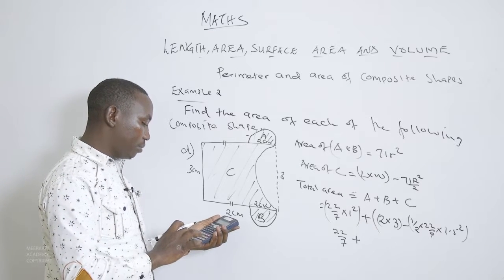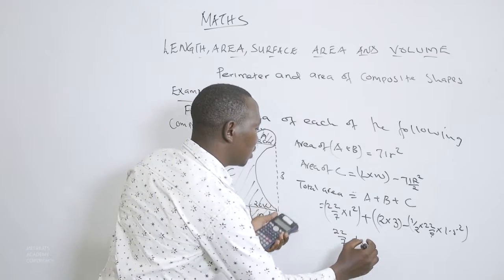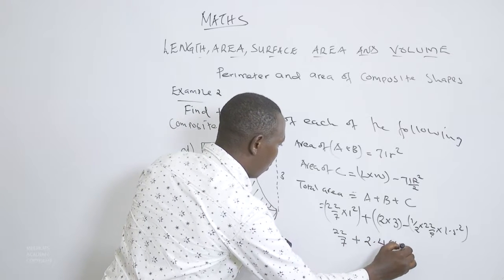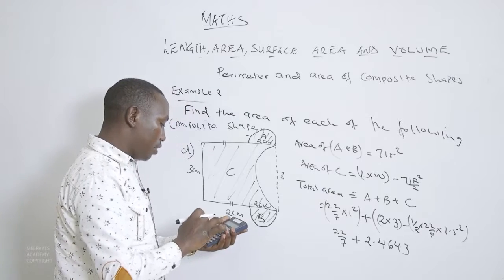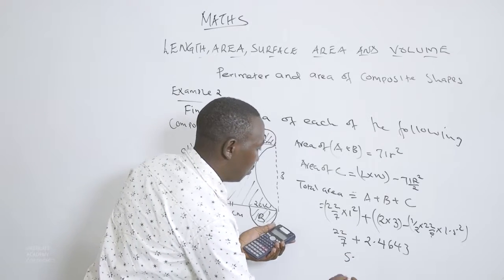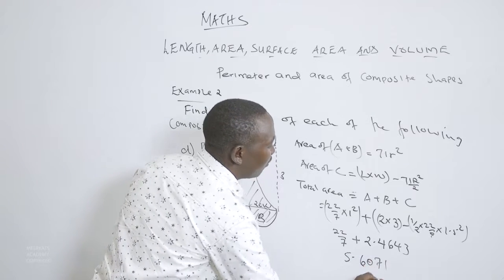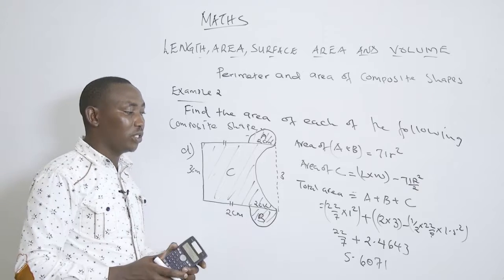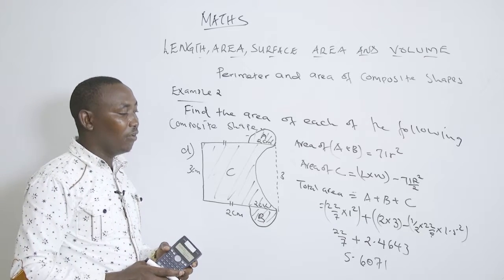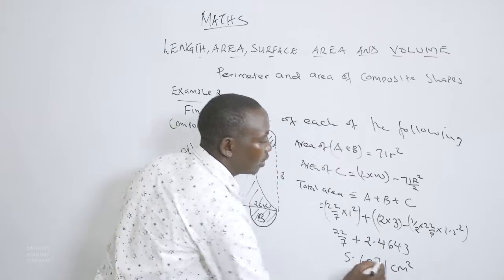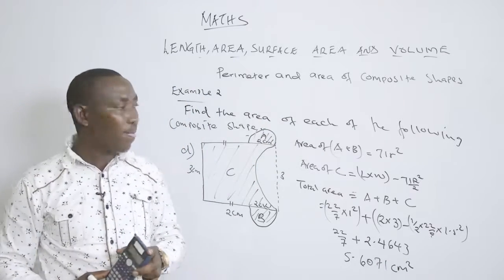So when subtracted from 6, it will give us 2.4643. When added to 22/7, that will give us 5.6071. This has been rounded off to 4 significant figures. So that will be centimeters squared.